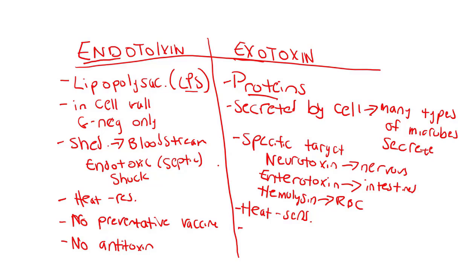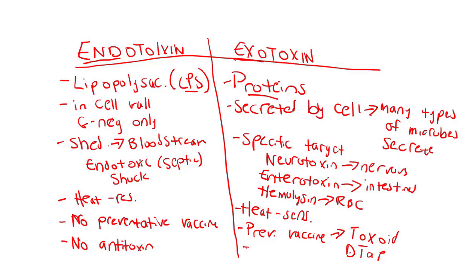Also, because they're proteins, the immune system can remember these proteins very well. So we can make a preventative vaccine to help prevent exotoxin infection. A preventative vaccine against a toxin is known as a toxoid. For example, the DTaP, which is the diphtheria, tetanus, and pertussis vaccine.